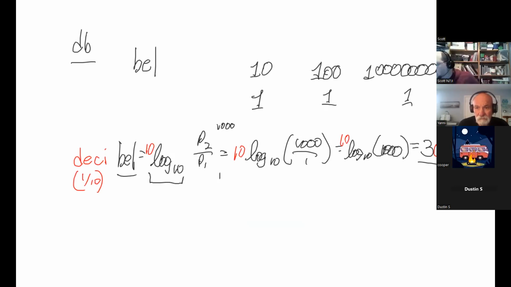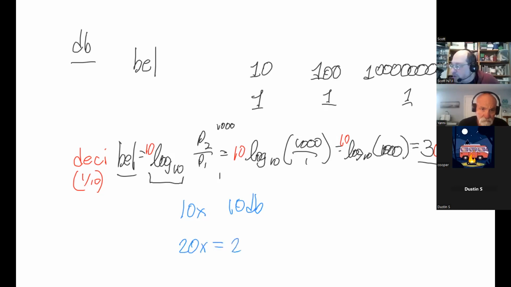So the end result of this is that if something is 10 times bigger than something else, it is 10 dB larger. If something is 20 times bigger than something else, well, how would you make up 20? It's 2 times 10. Well, okay. Before we do that, let's do 100 times. And that's 10 times 10.